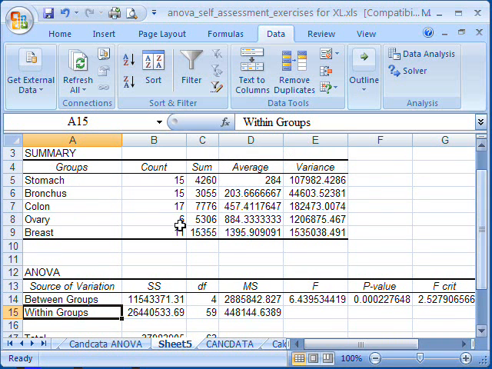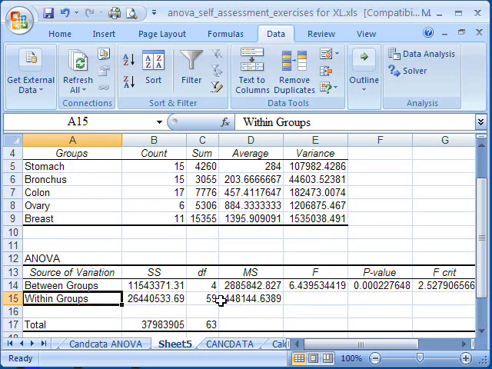In the same way, we had 5 cancers: stomach, bronchus, colon, ovarian and breast. The between groups degrees of freedom is always n minus 1, so it's the number of cancers here, it's 5, minus 1 gives you 4. Error, that is the within groups degrees of freedom, is always going to be the total minus everything else.